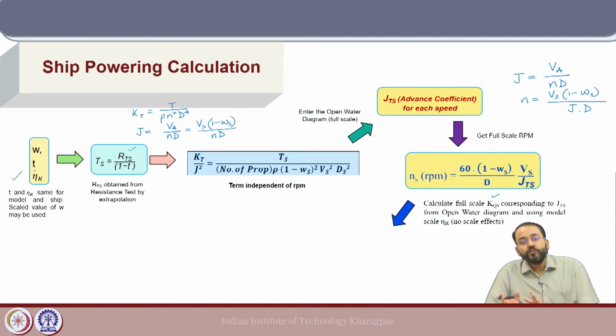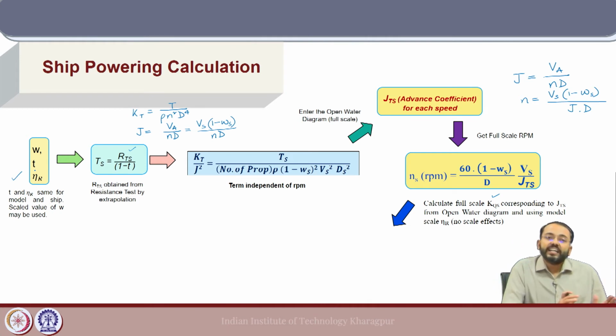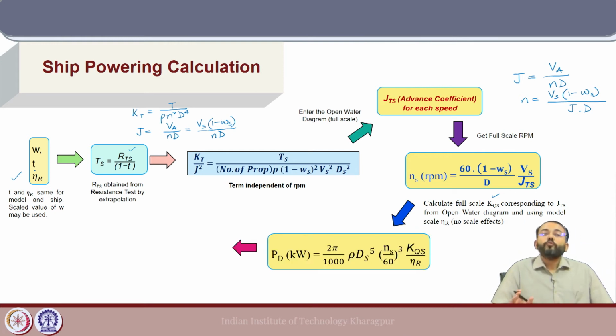So, this KQ from the open water diagram divided by eta r will be the behind condition KQ in the full scale, and eta r is considered to be devoid of scale effects for standard calculation purpose. So, we can use these values to calculate the delivered power of the ship in the full scale.